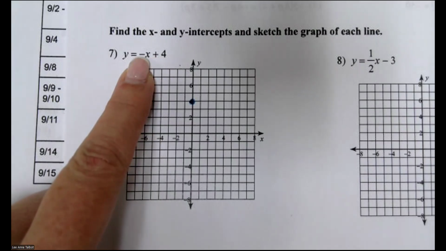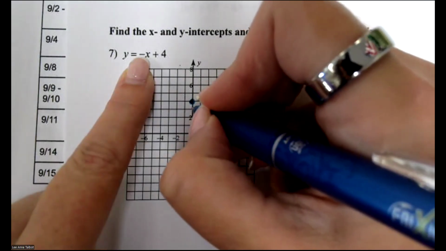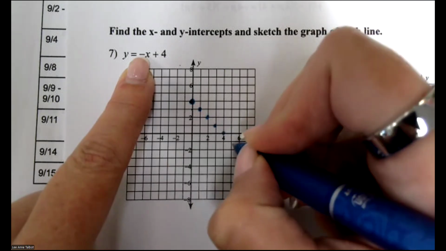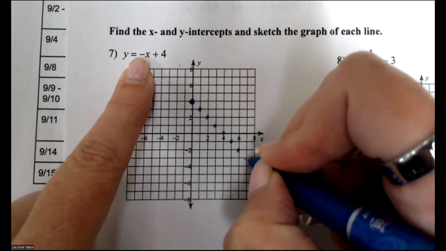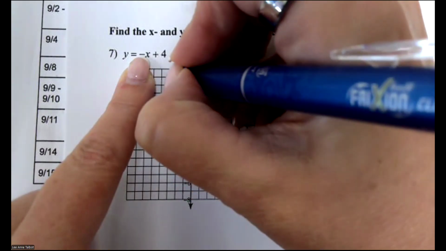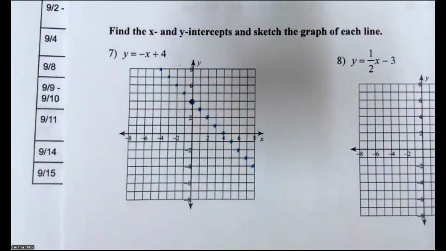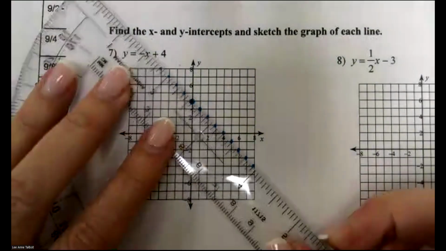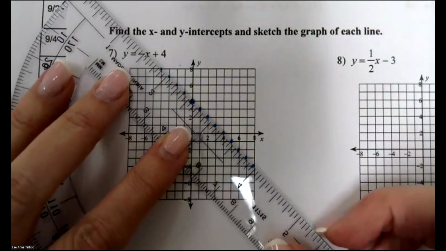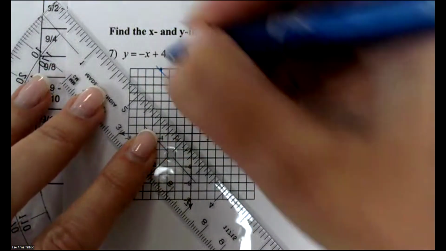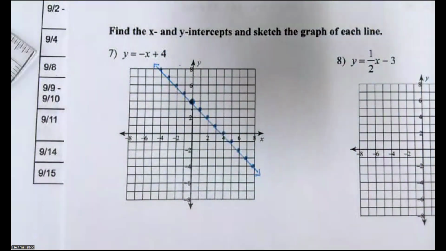And then the slope is -1, so that means you go down 1, right 1. And there's your line.